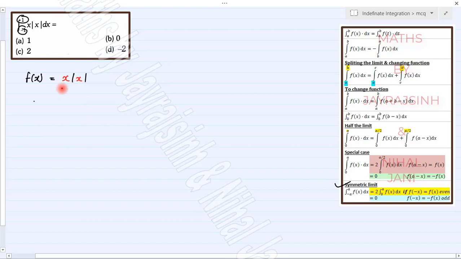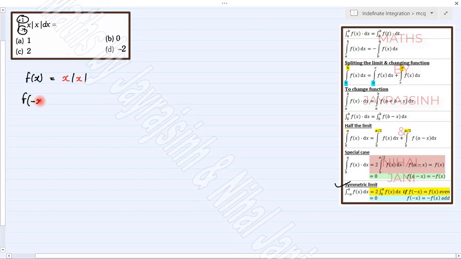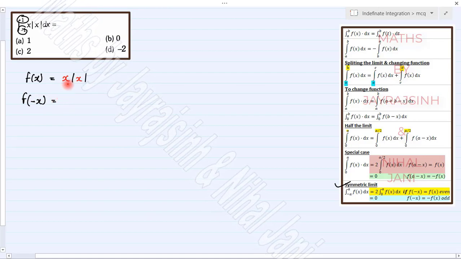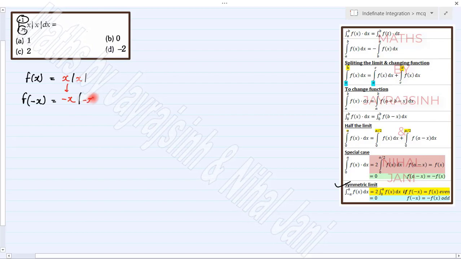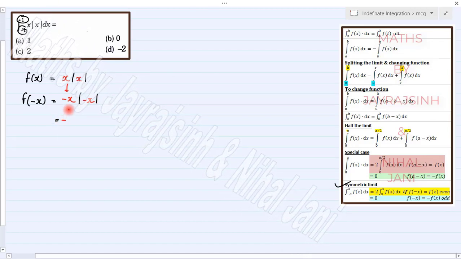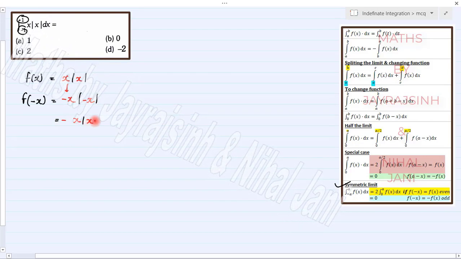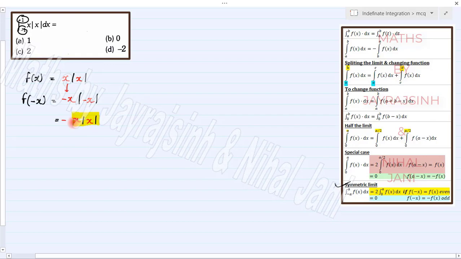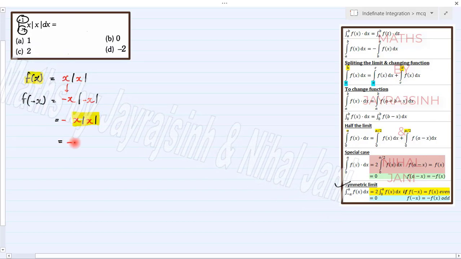Now, to check even or odd, we have to replace x by minus x. So this x will become minus x, and within the mod we will get minus x. So let's take the minus outside, and here we'll get x mod x, which is your original function f of x. So here we'll get minus f of x.